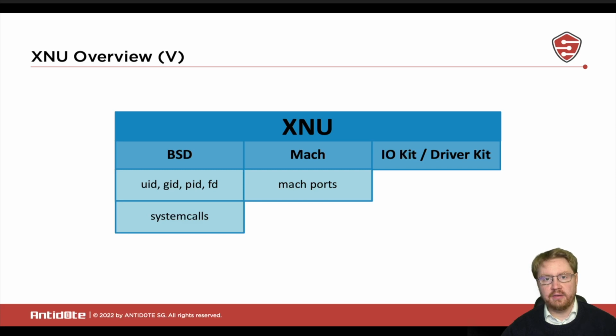So in the Mach part of the kernel, there's also the concept of something like system calls. It's called Mach traps. But in reality, Mach traps are basically just a smaller number of system calls that you use to basically manipulate Mach ports and also Mach messages.